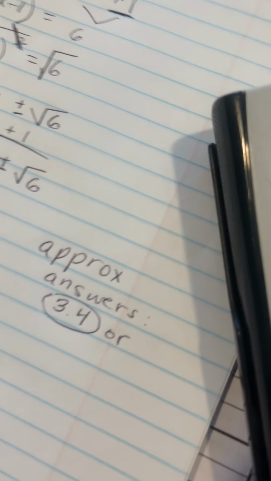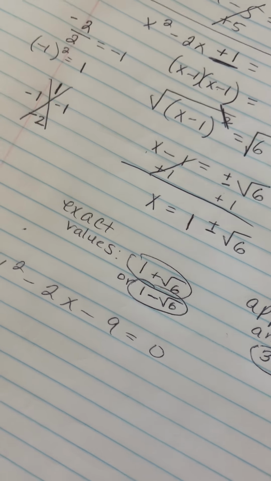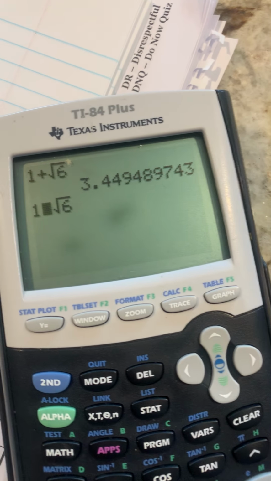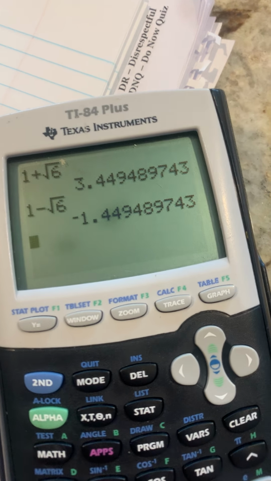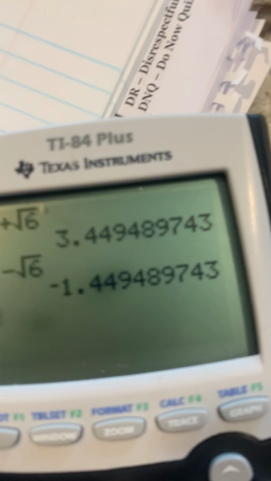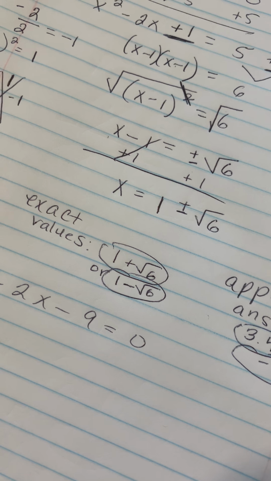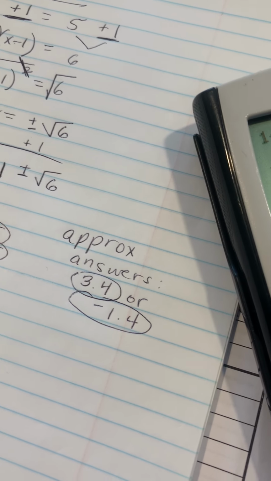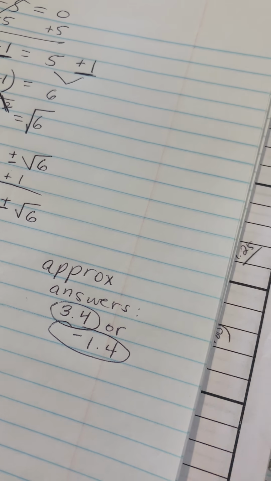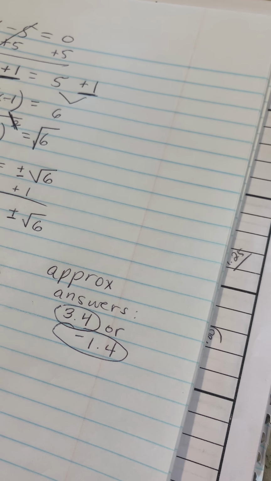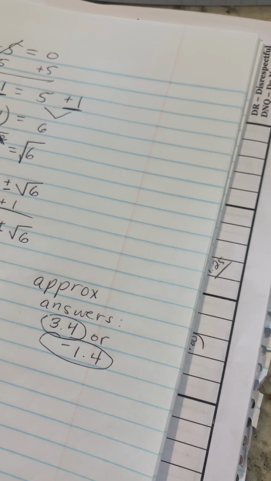Now I'm going to do the exact value of 1 minus the square root of 6. That would be -1.4 approximately. So that would be my other approximate answer. If they want the exact answers, it's 1 plus the square root of 6 or 1 minus the square root of 6. And my approximate answers are 3.4 or -1.4. Those are our solutions. Again, they're not rational numbers because this equation was not factorable.